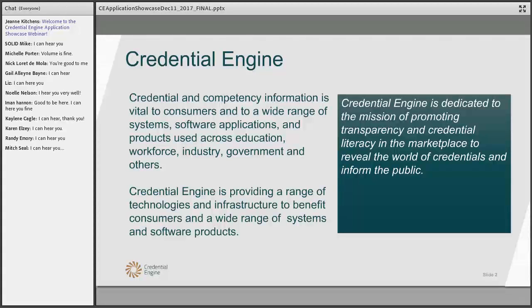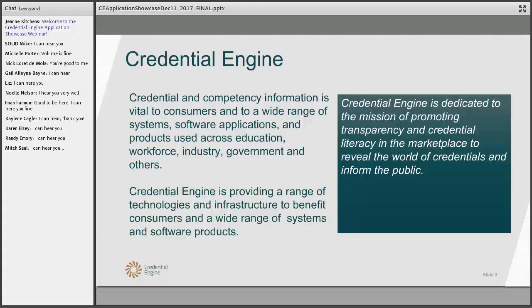The Credential Engine, by its mission, is promoting transparency and credential literacy in the marketplace to reveal the world of credentials and inform the public. And in order for the Credential Engine to meet this mission, an important aspect is to ensure that the technologies offered by the Credential Engine are helpful in basically opening up an applications marketplace.